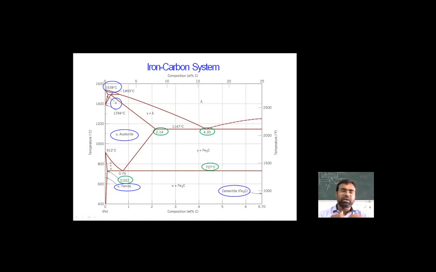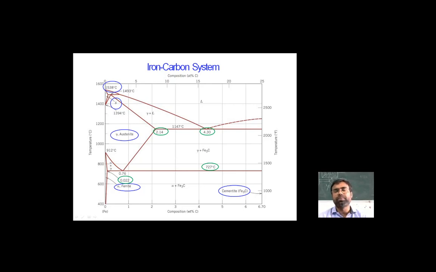So we are only focusing on how the iron carbon composition, with respect to the temperature, changes the microstructure, and due to that change in the microstructure, the property of the steel changes. As we know already, when we increase the percentage of carbon in iron or any material, the hardness of that material increases.